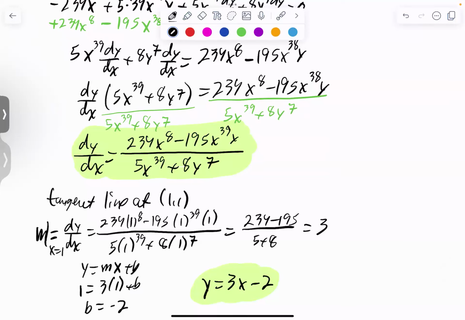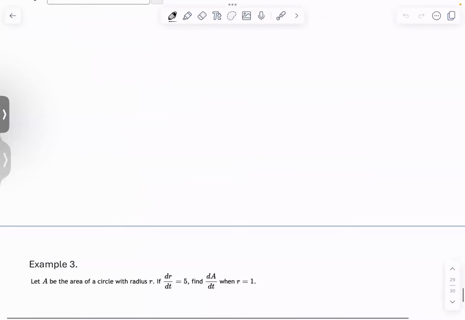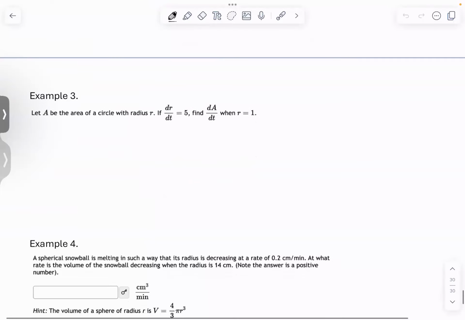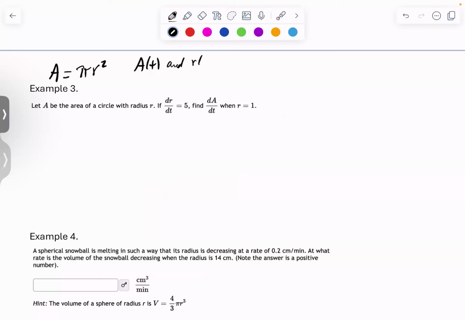I'm going to go back to our other problem. So that all goes there. So now we are to the area of a circle. And if you remember the area of a circle, now in this case, we are assuming that A is a function of t and r is also a function of t, and we're going to be taking the derivative with respect to t.